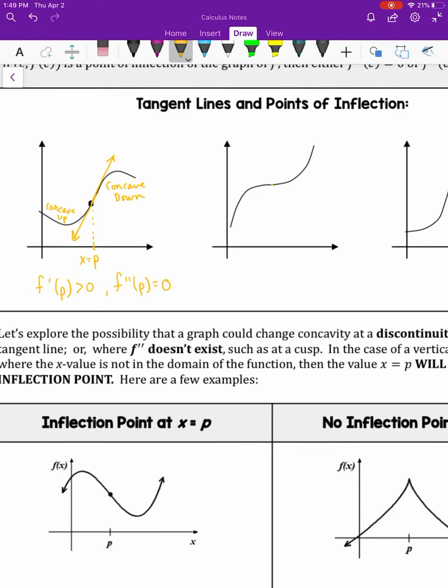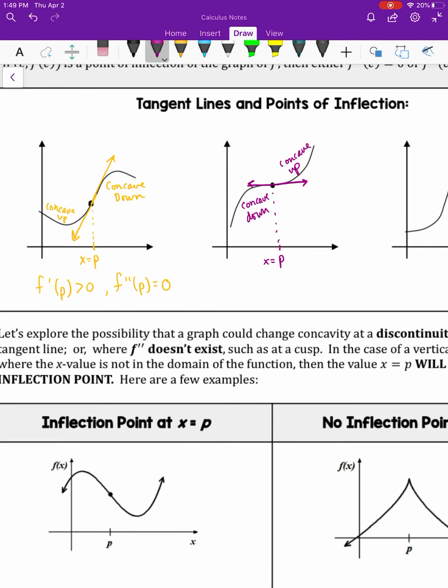For this one, I see concavity changing about right here. Put it in black. If I follow this one down, this is my x equals P. I have concave down on this side and concave up on this side. It's cupped up.